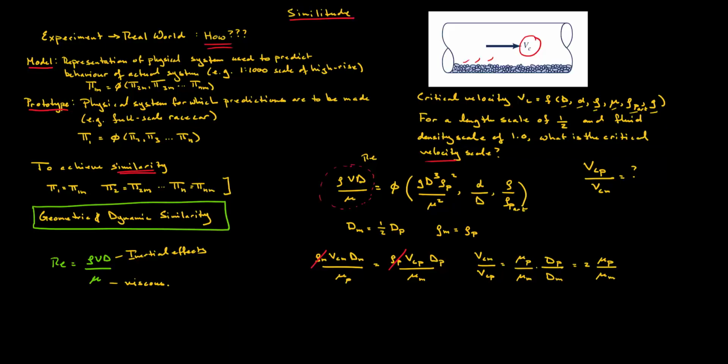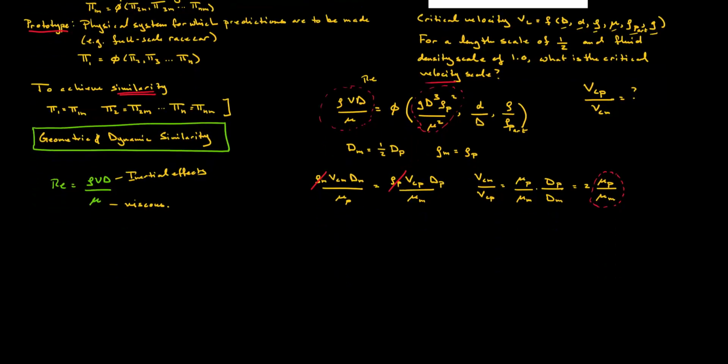So now the question is, can we find a relationship between these viscosities? And what we're going to do is look at this pi group over here, and we're going to equate this pi group for the model and the prototype. So again, this is another dynamic similarity that we're trying to enforce.